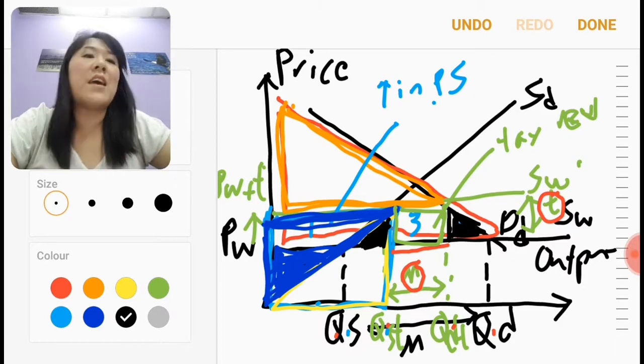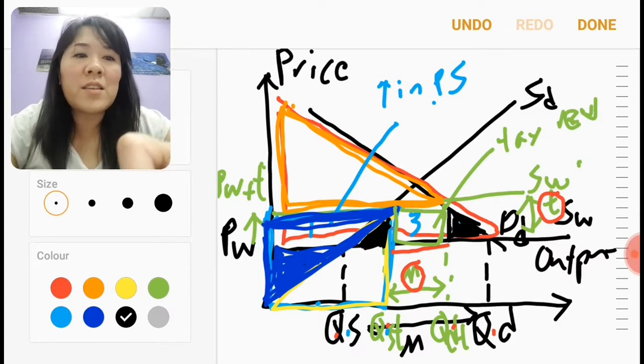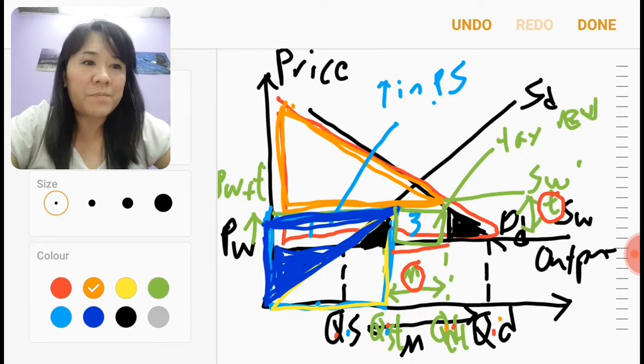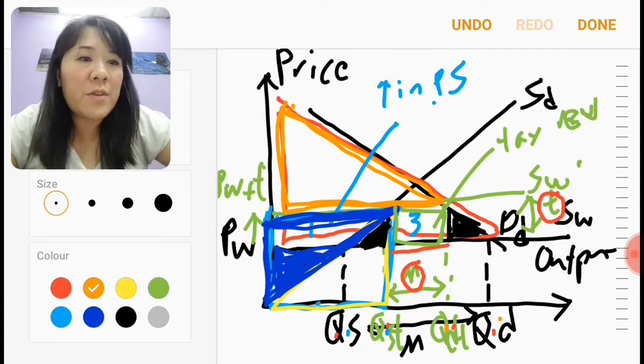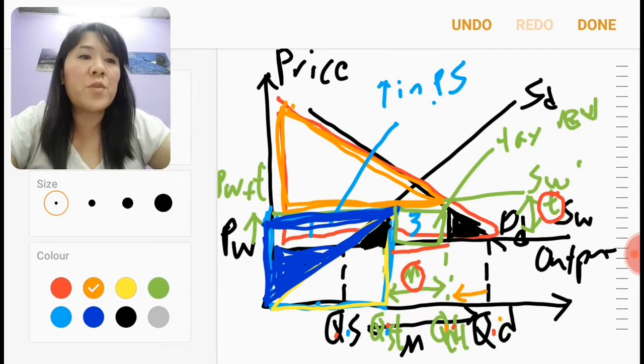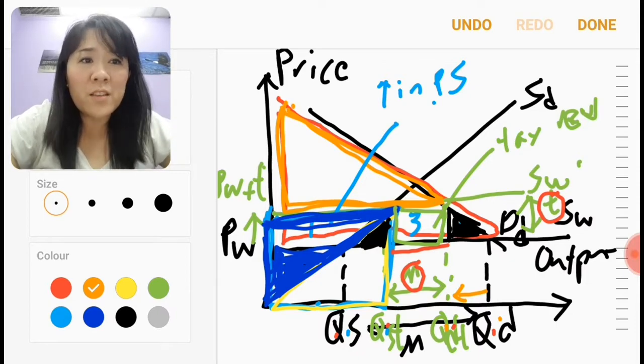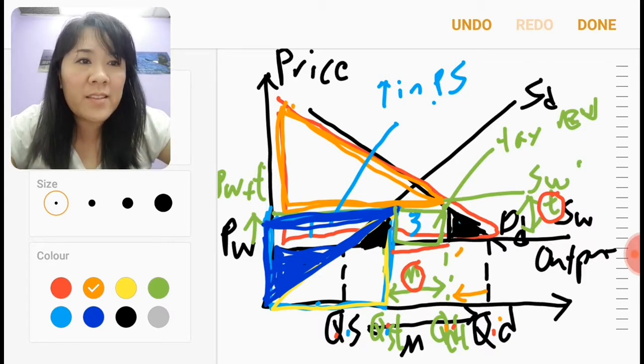Let me explain area 4 first. Because the quantity transacted after the imposition of the tariff has reduced the amount consumed from QD to QDT, there's now a decrease in the quantity transacted from QD to QDT. So there's a cost as well as a benefit due to this fall in consumption of the good. What is the gain? The gain is this shaded area here. Why is that so?